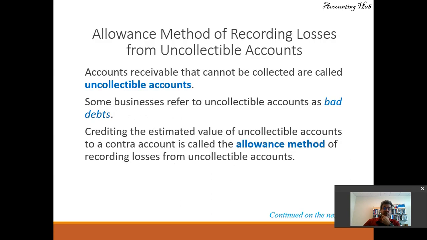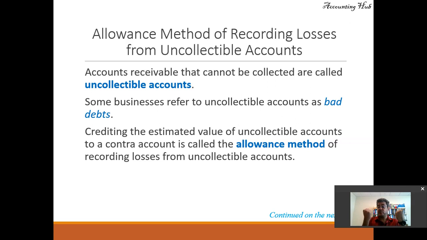So, let's go. Allowance method for recording losses from uncollectible accounts. Accounts receivable that cannot be collected for any reason are called uncollectible accounts. First transaction, sales on credit.